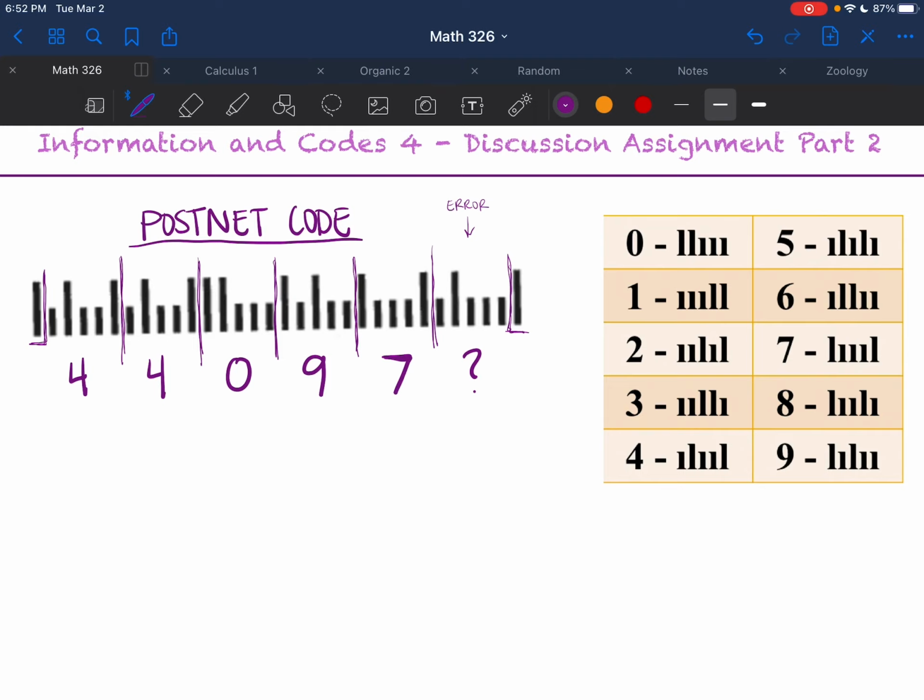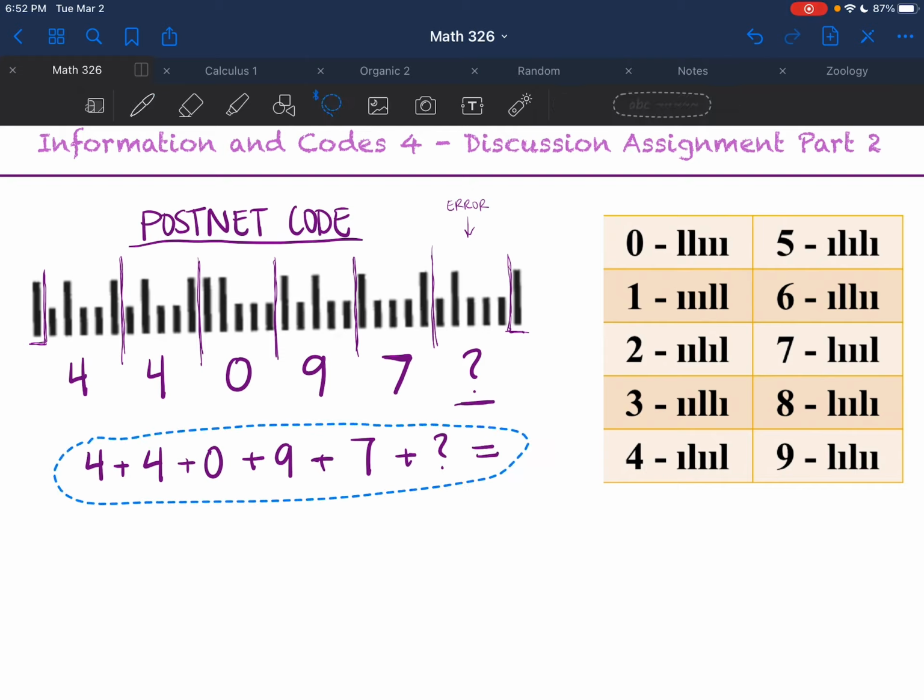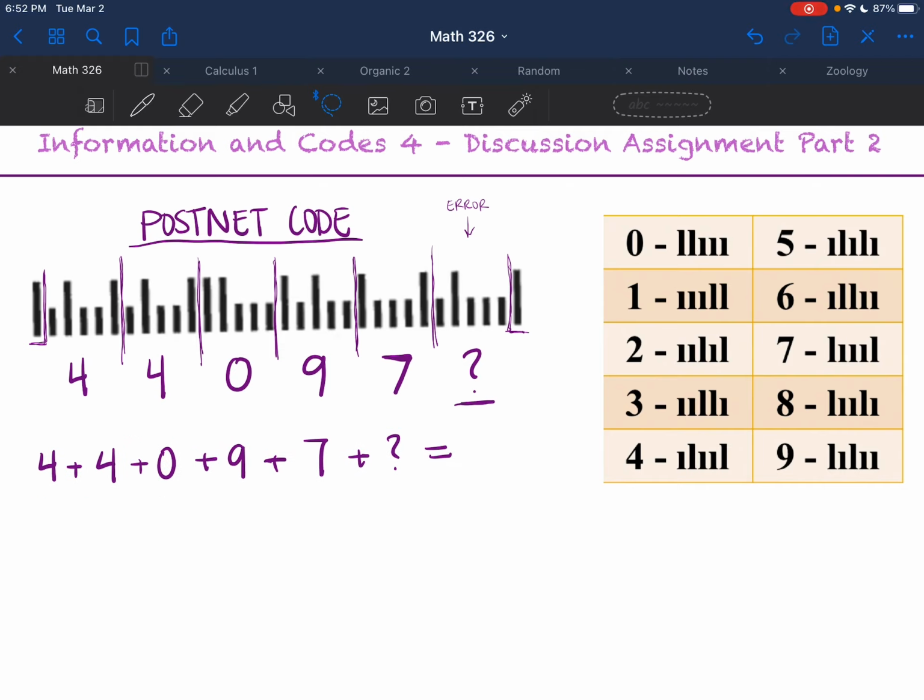Now, also remember, we know that our zip code, in order to be valid, all of the digits, including the check digit, must equal a sum that ends in 0. So 4, 4, 0, 9, 7, question mark, equals a number that ends in 0.